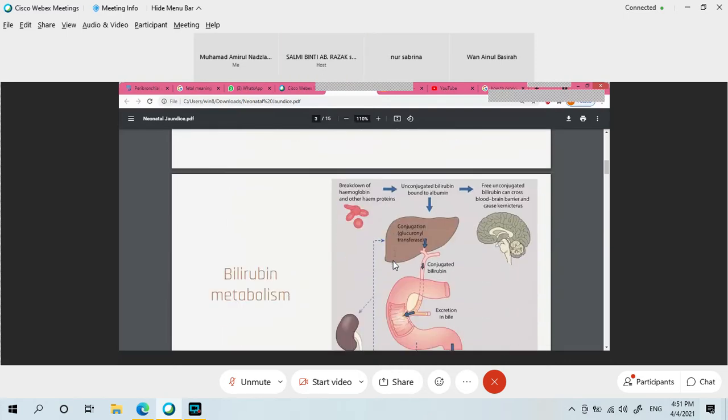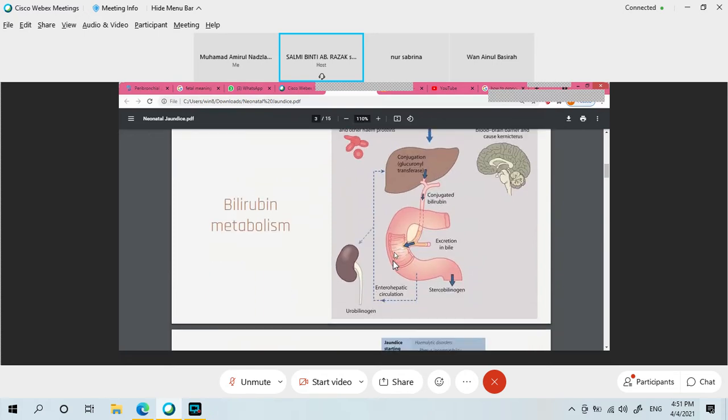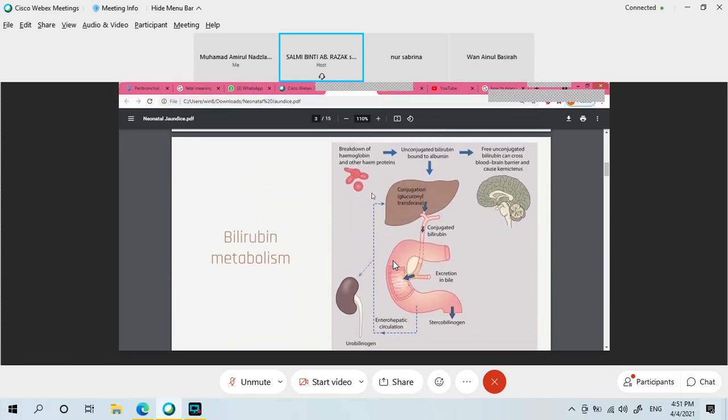Yang ni adalah mechanism tadi kan. So you should know this one, at your level you should read. They start dengan hemoglobin. Lepas tu kita kena ada glucuronyl transferase, isn't it?